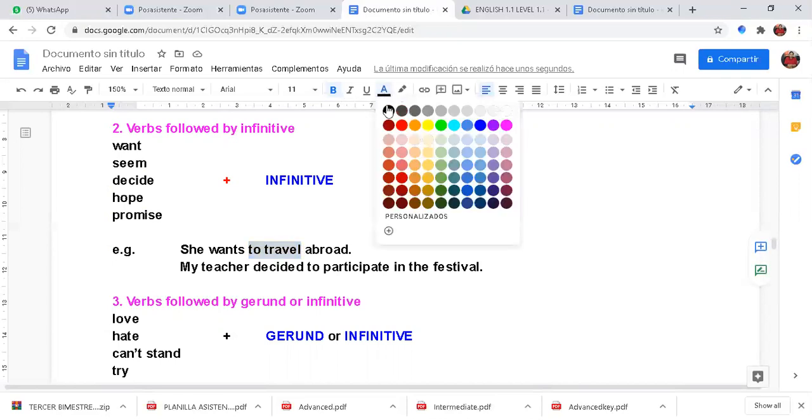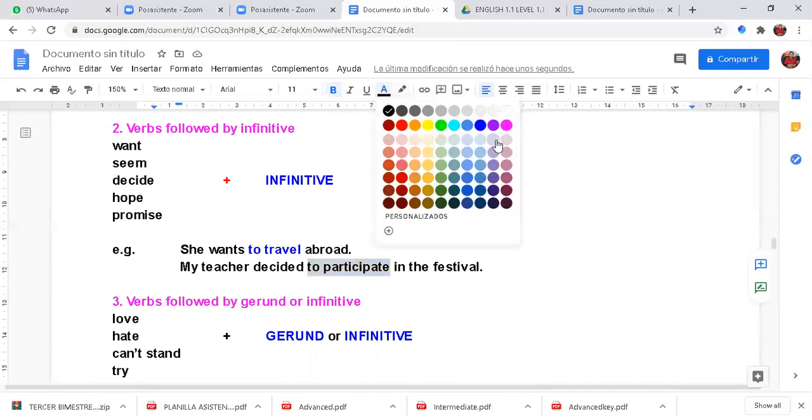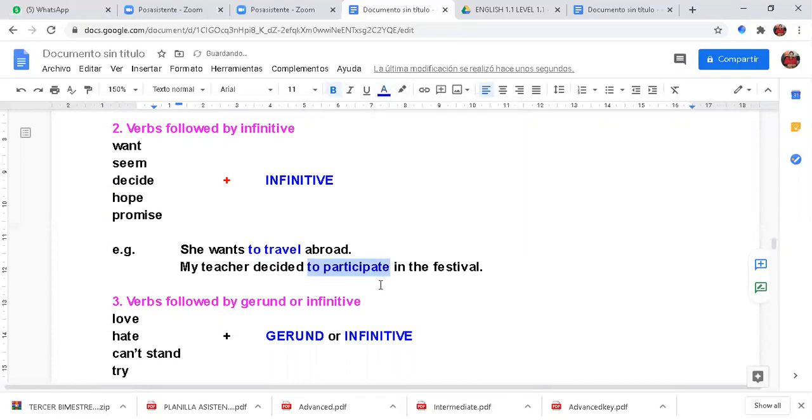We have infinitive. My teacher decided to participate in the festival. So also here we have infinitive. After this group, and you know that there are more verbs, once in decide, hope, promise, you need to use infinitive.